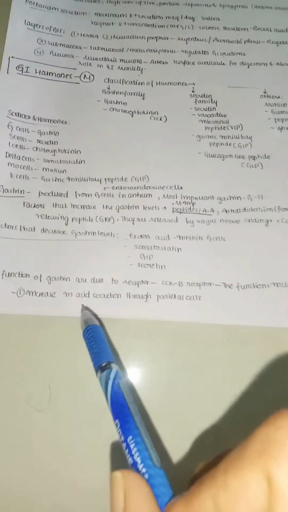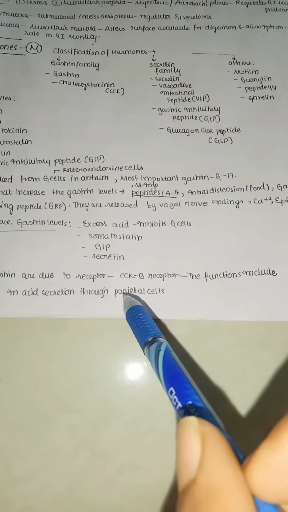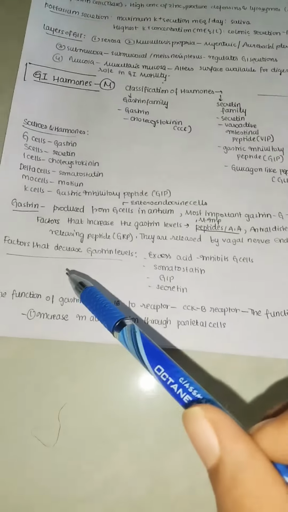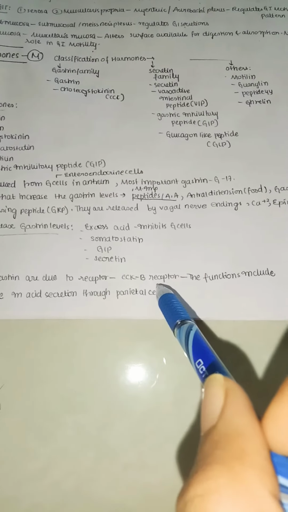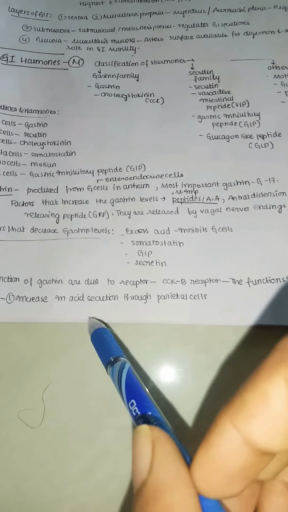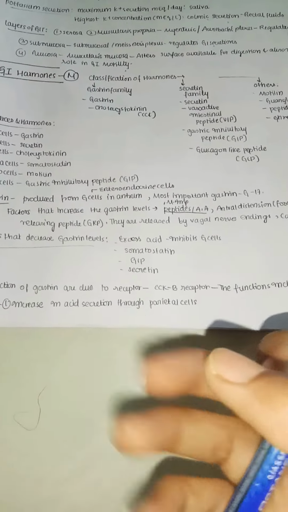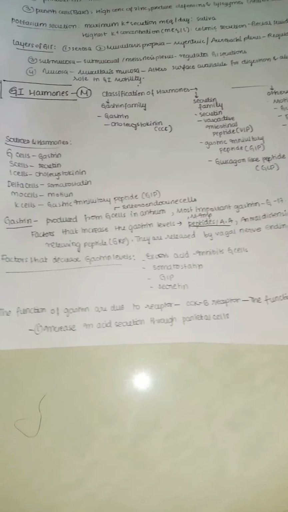The functions of gastrin are due to a receptor. So it should act on a receptor, that is the cholecystokinin B receptor. Remember, gastrin acts on the cholecystokinin B receptor, and the functions include to increase acid secretion from parietal cells.